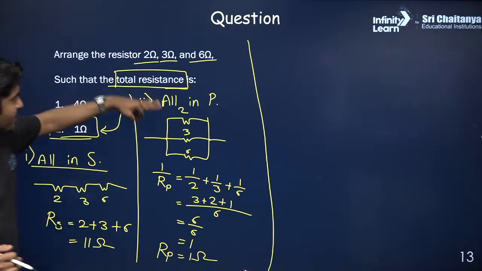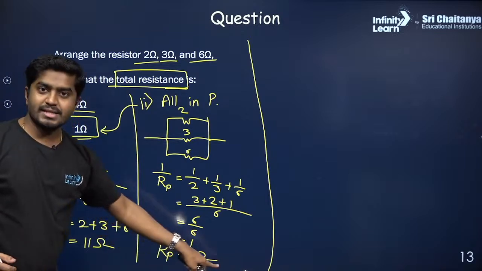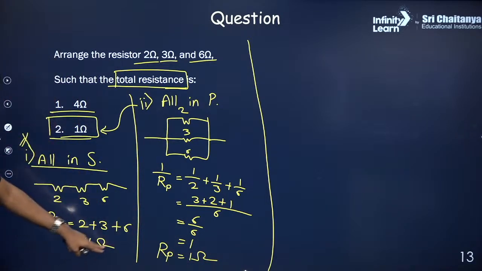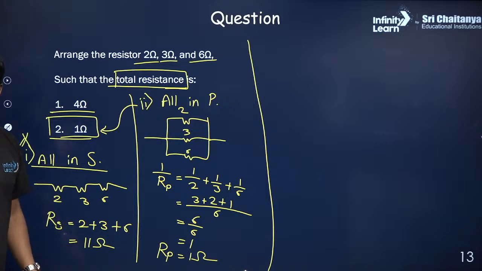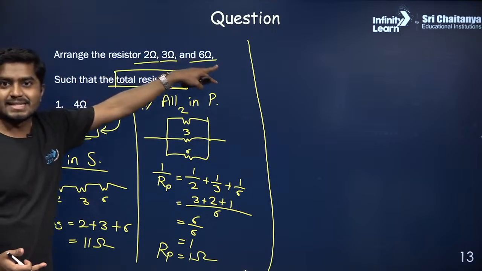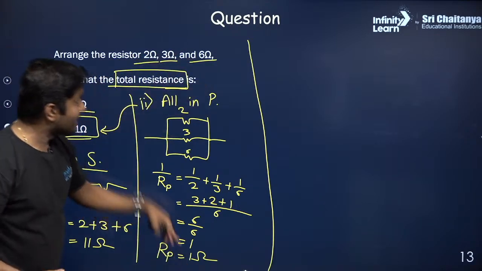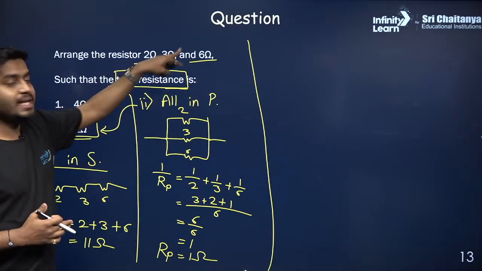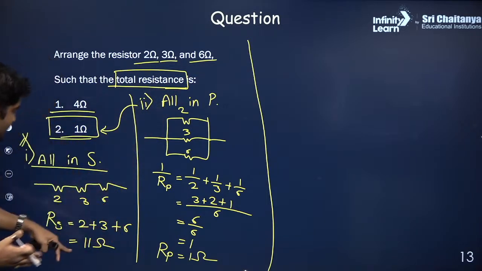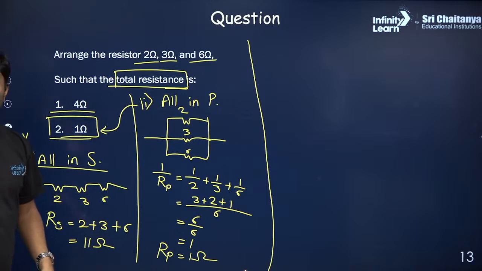When you arrange them in parallel, the effective resistance reduces. When you arrange them in series, the effective resistance increases. So 11 ohm is greater than 2, 3 and 6, and here 1 ohm is less than 2, 3 and 6. Parallel reduces the resistance and series increases the resistance.